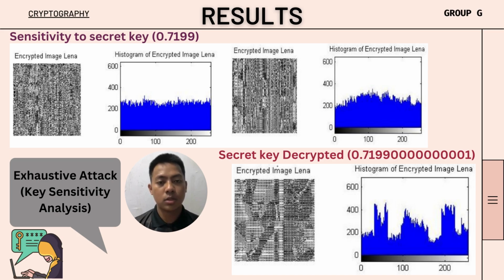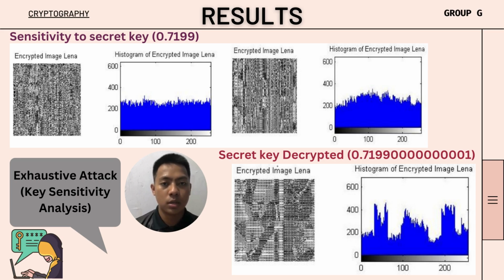Next, for the exhaustive attack, key sensitivity analysis, the chaotic maps show the decrypted image and corresponding histogram with a wrong secret key. Here the correct key is x0 equal to 0.7199, and the incorrect key is a slightly different x0.